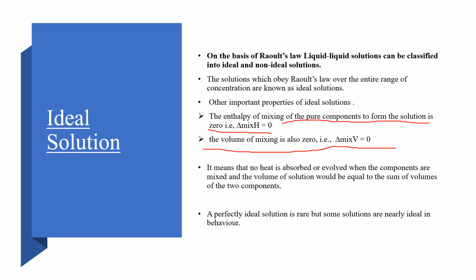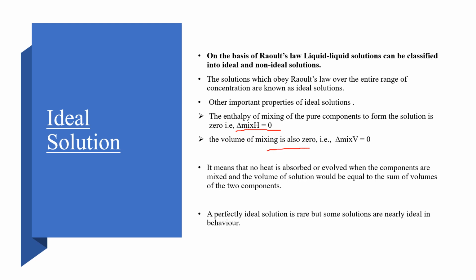Such types of solutions made up under this condition always form ideal solutions. Now, for an ideal solution, delta H mixing equals 0. It means that no heat is absorbed or evolved when the components are mixed.